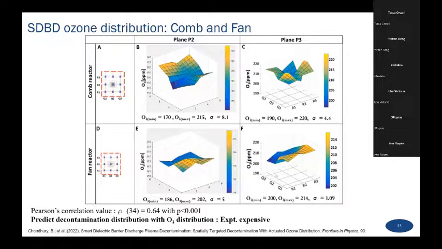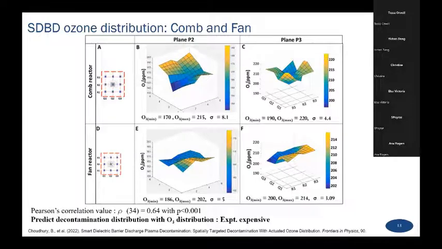Using all the data points for both the reactors, we found a p-value of less than 0.001, which means that the relation is significant between ozone concentration and decontamination when measured in a spatial area of the chamber, a plane of the chamber. So the idea here is that if we know how the ozone is going to be distributed, we can know what the decontamination distribution in a certain space will look like because they match pretty well.